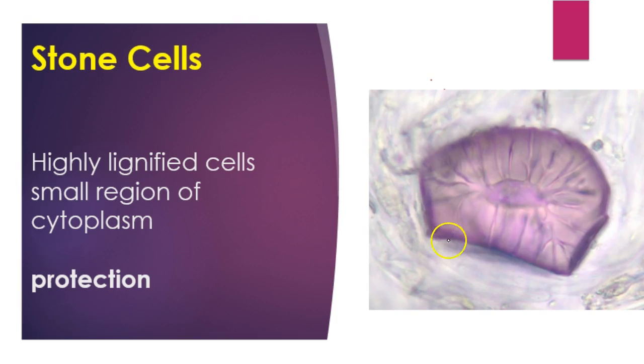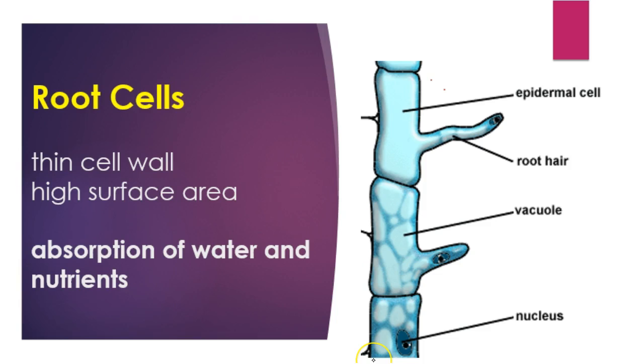This is the external cell wall here, but in between all this stuff is actually filled up with a substance called lignin, which is a chemical that's very, very tough. And anyone who's ever bitten into a stone fruit and cracked a tooth knows what it feels like, because stone fruit have these lignified cells around their outside to protect the seed within.